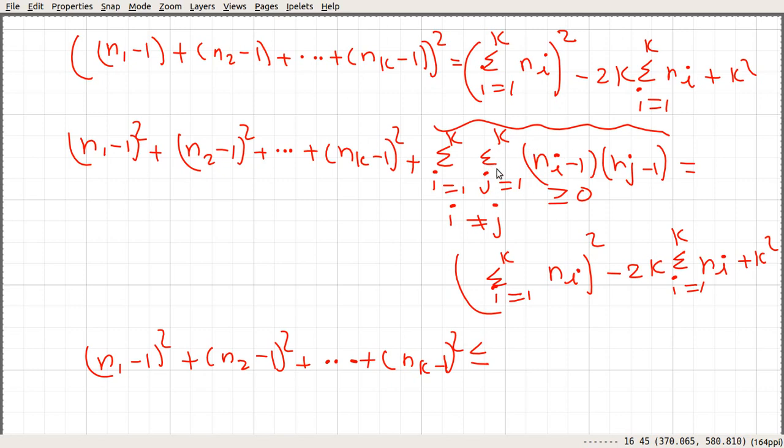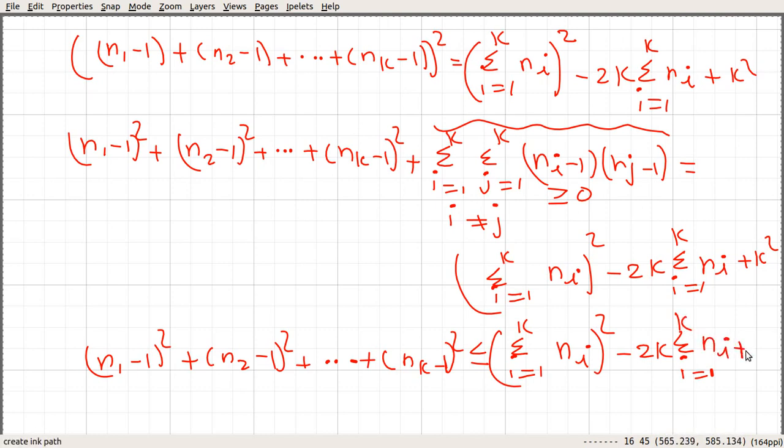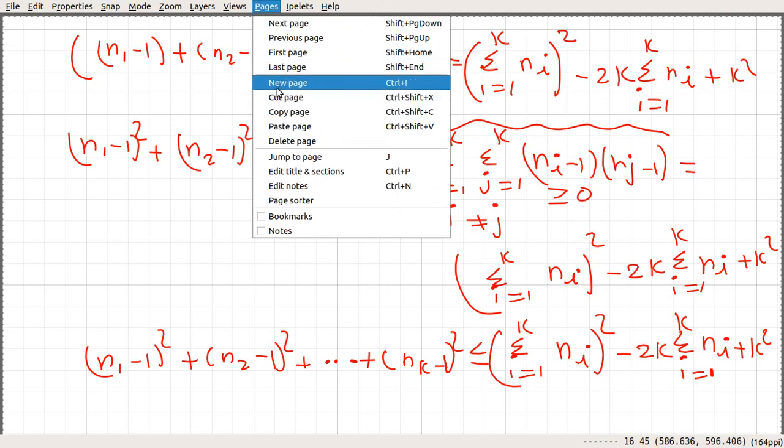So if you remove this portion, then the remaining will be less than or equal to the right hand side, right? The sum of ni whole squared minus 2k times the sum of ni plus k squared. Okay, so let me use a new page.